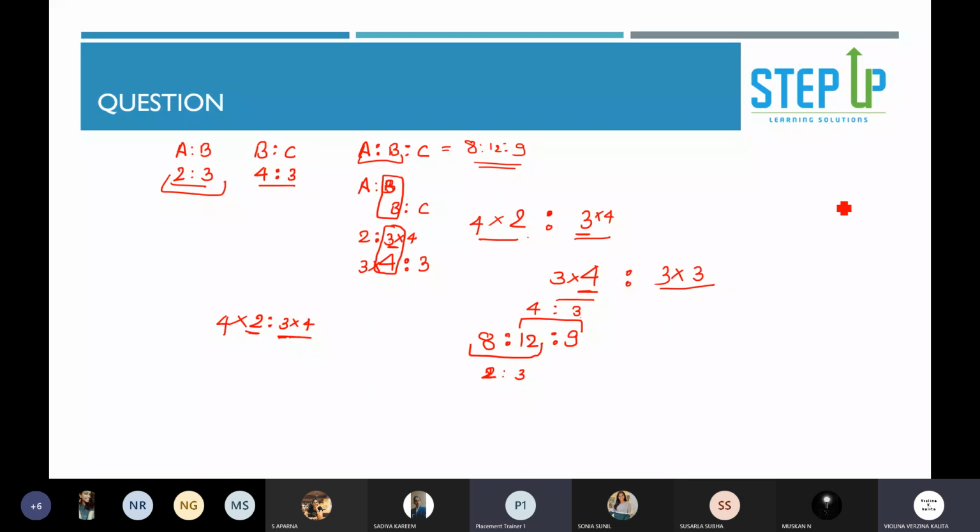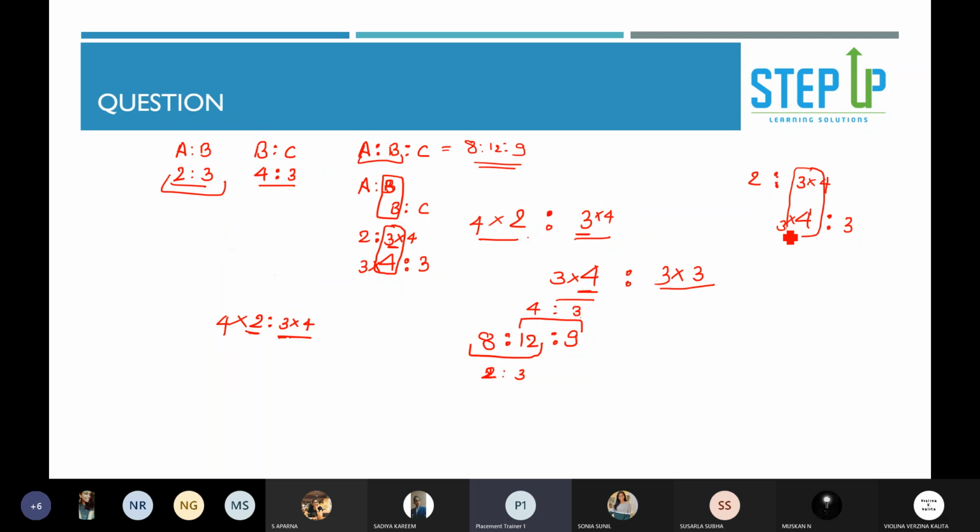Can you explain the last part, like how common did and all this? So basically what I'm doing, 2 is to 3 and 4 is to 3 being given, right? So if there are only two numbers, like A is to B and B is to C, I need to make this term common. So to make this term common, I need to multiply 4 here and I need to multiply 3 here.